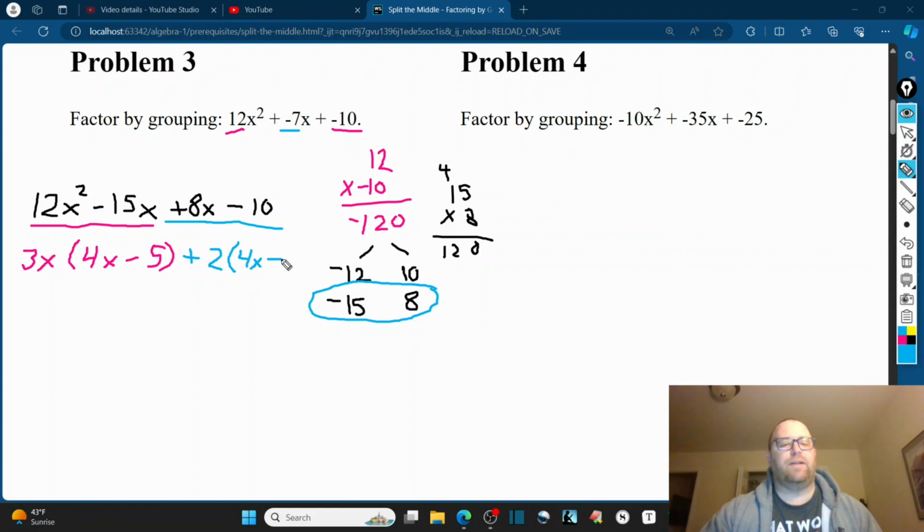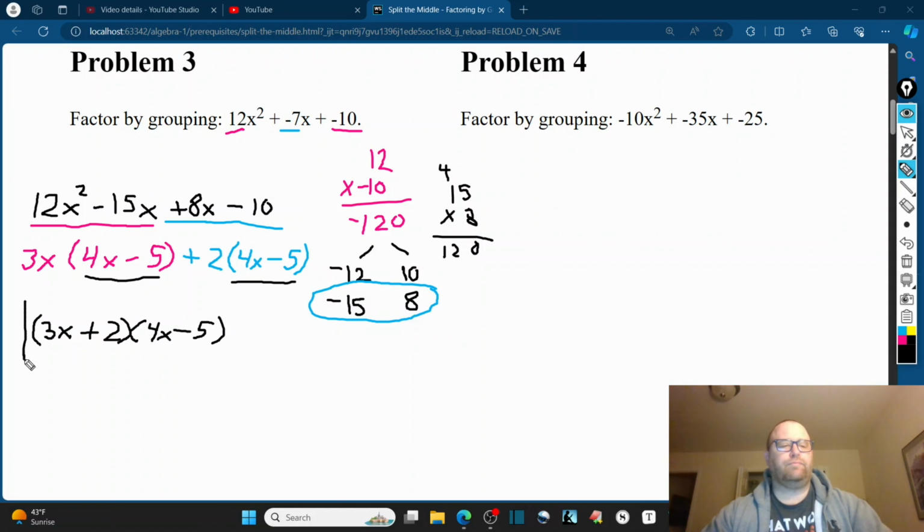Minus 10 divided by 2 is minus 5. Notice that we're always getting the same binomial here. If you're not, then you're messing up somewhere. If we work back from double distribution, we've got 3x plus 2 times 4x minus 5. Cool. And we're good with this one.